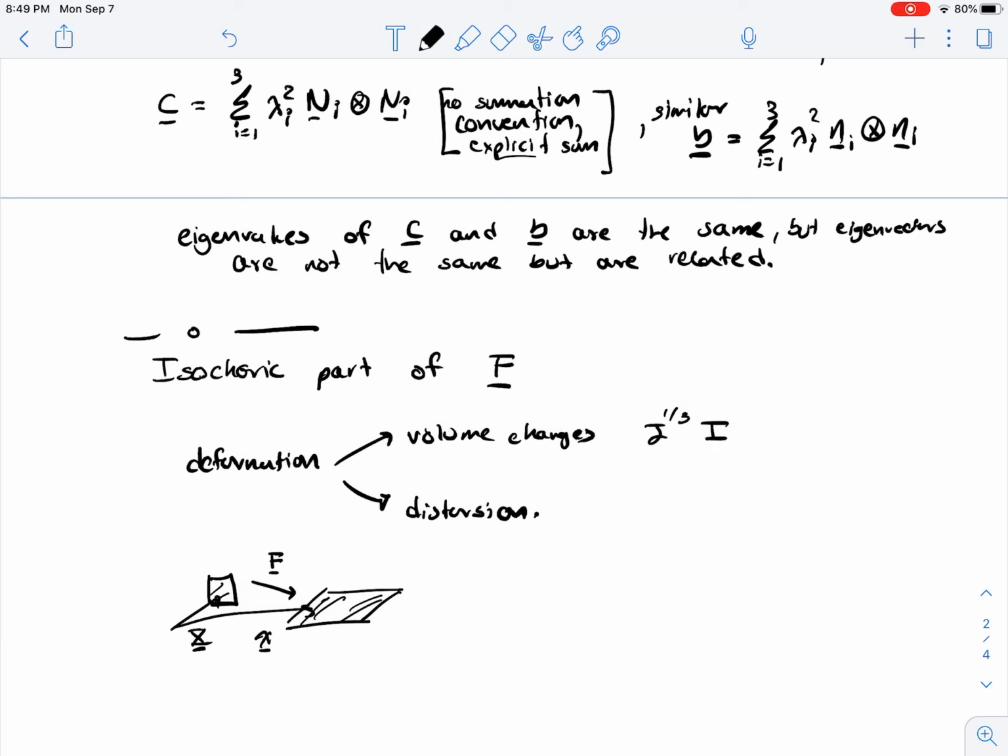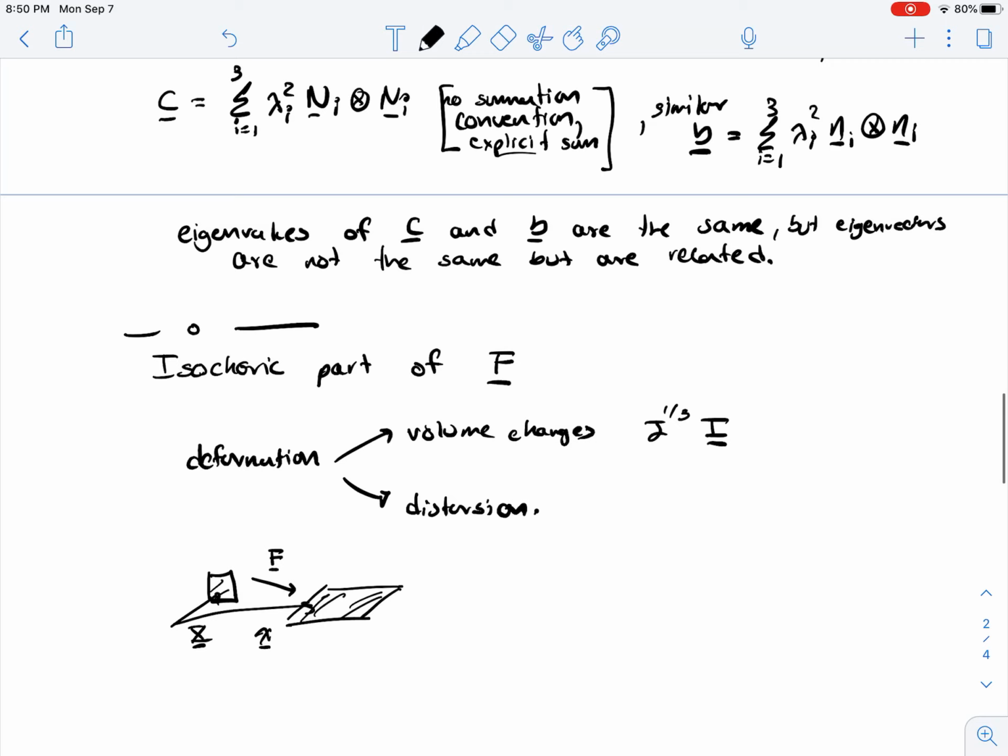The one that captures the volume change is going to be basically just J to the 1/3 identity, so only volume changes, where J is the determinant of F. And the distortion is going to be the other part. So what do you need to get back the total F?